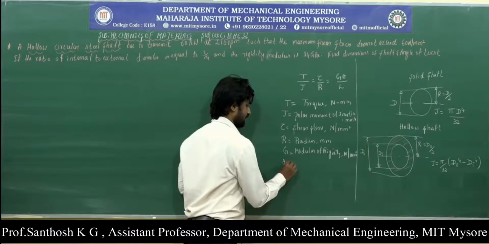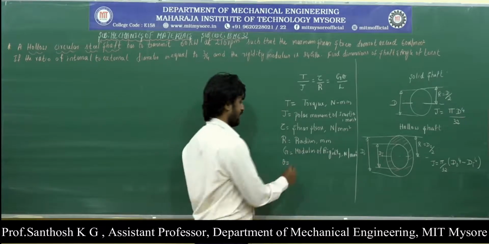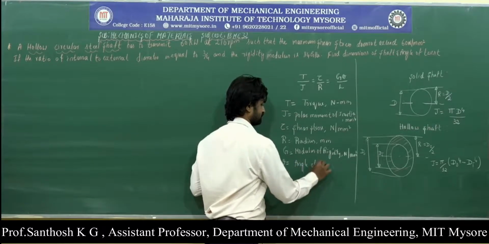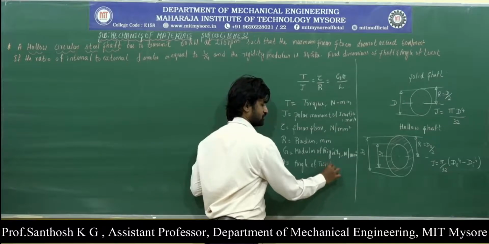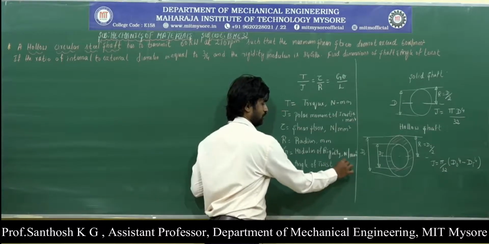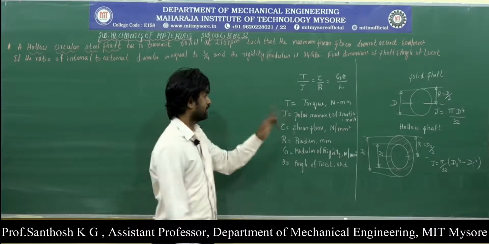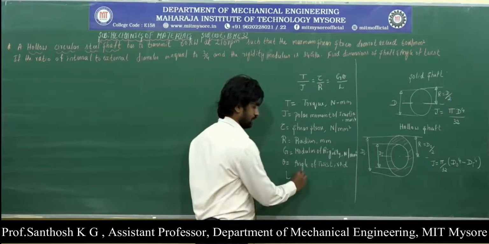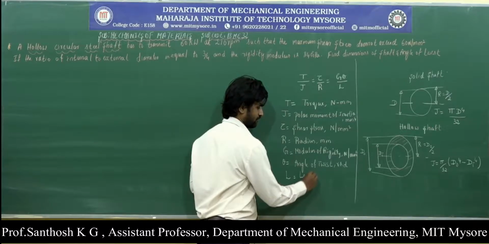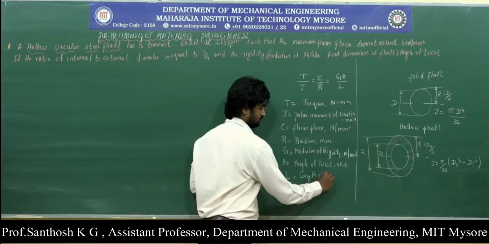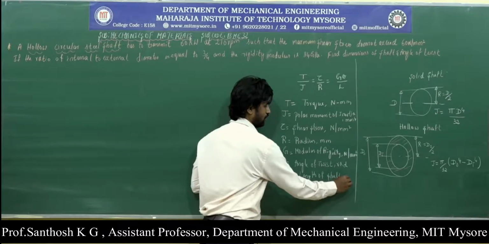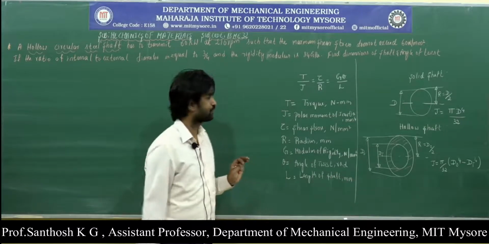Then theta represents the angle of twist and it should be in terms of radians. Then L represents the length of the shaft and it should be in terms of millimeters.